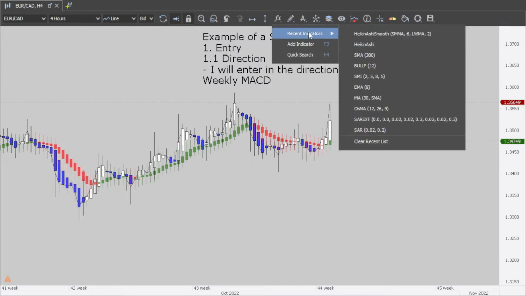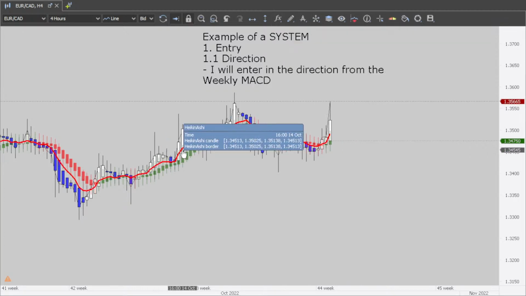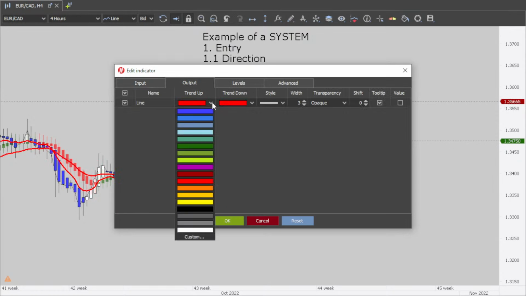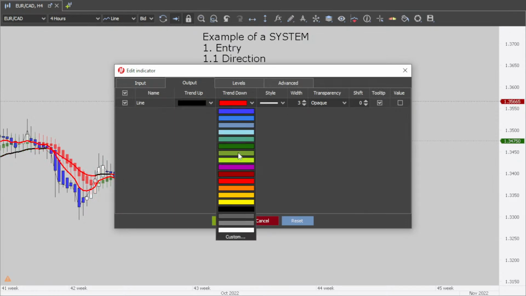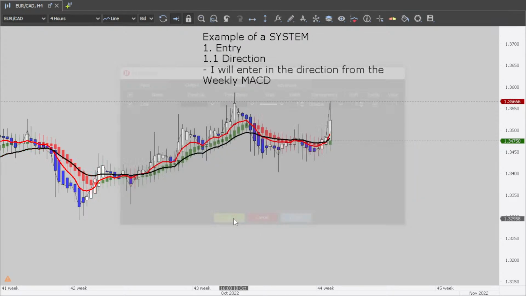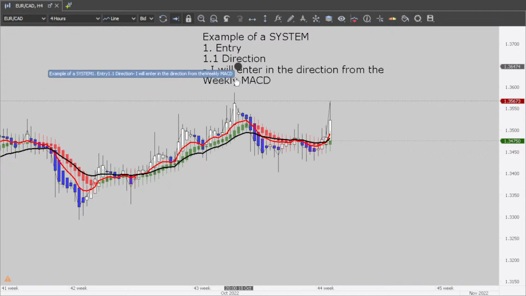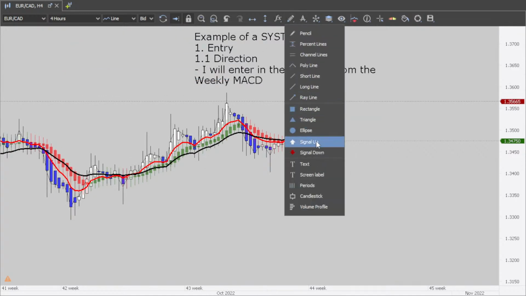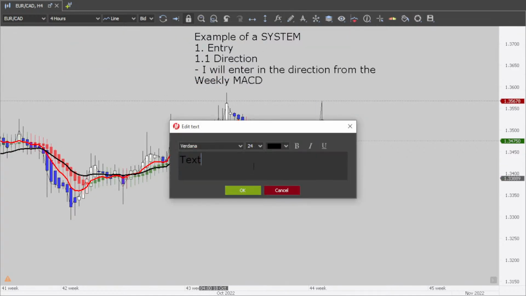Do we have EMA 8 and 21? Why not, right? We talked about EMA 8 and 21, and here, just an example again. So this is about direction and talking about timing.